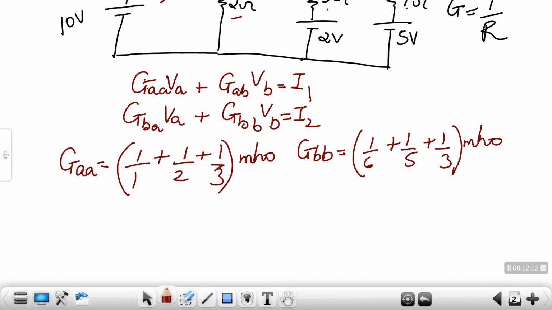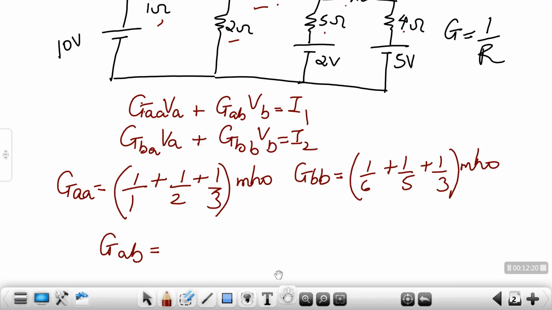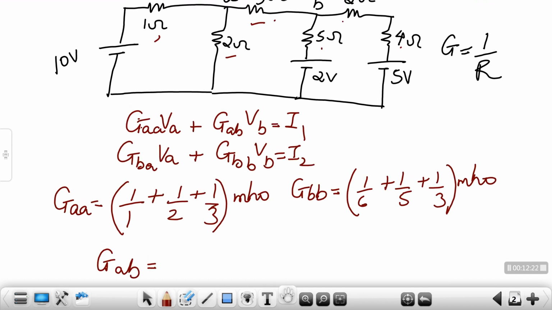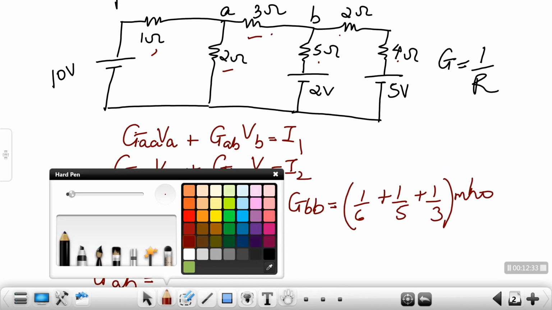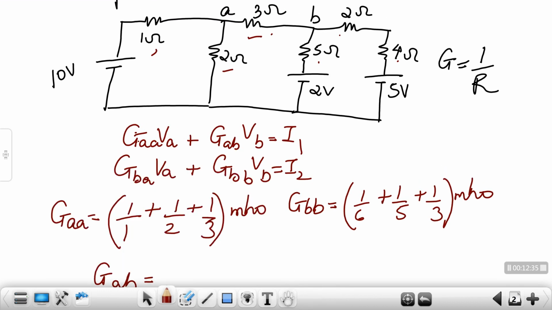Let's find out the mutual conductance GAB, that is the mutual conductance between nodes A and B. What is the mutual conductance between nodes A and B? That is 3 ohms.